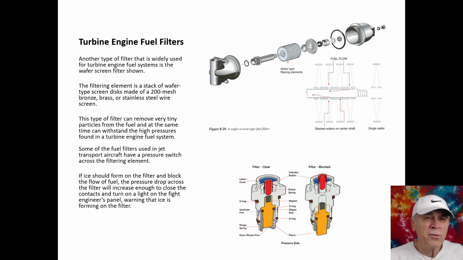Some of the fuel filters used in jet transport aircraft have a pressure switch across the filtering element. If ice should form on the filter and block the flow of fuel, the pressure drop across the filter will increase enough to close the contacts and turn on a light in the flight engineer's panel, warning that ice is forming on the filter. Probably more information than you need.